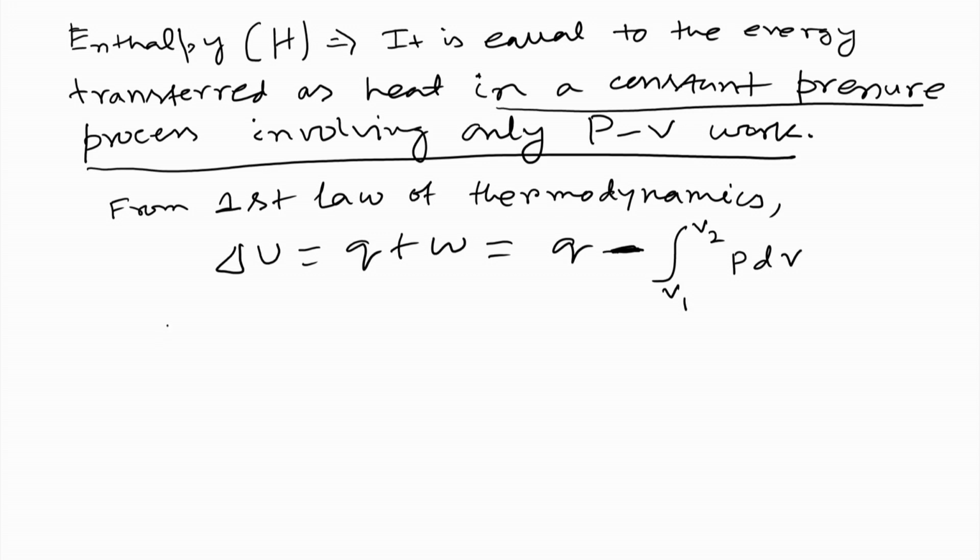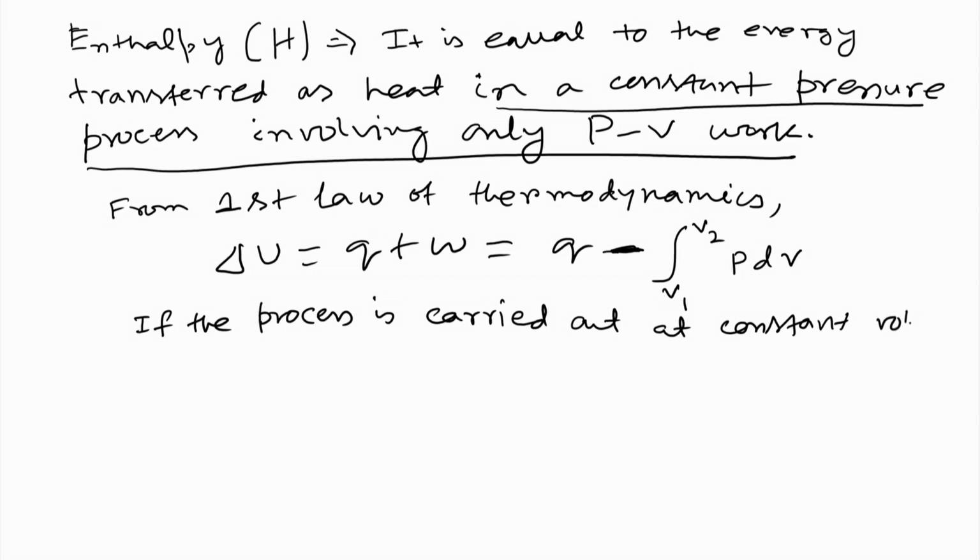If the process is carried out at constant volume, meaning there is no change in volume for a process, then we can write delta U is nothing but QV.